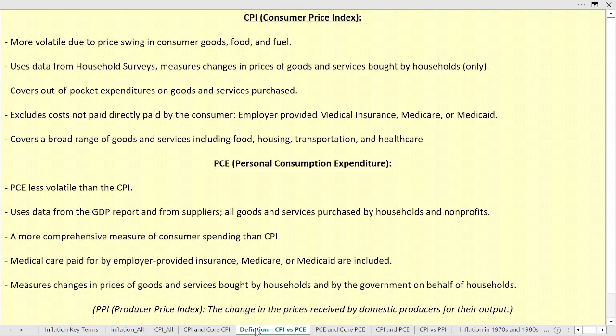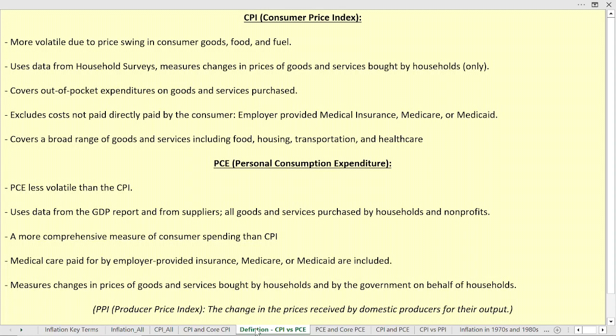Now, let's consider CPI, the Consumer Price Index, versus the PCE, the Personal Consumption Expenditure. First, CPI. It's more volatile because it includes consumer goods and food and fuel. It uses data from household surveys and measures the change of price in goods and services that are purchased by only households.